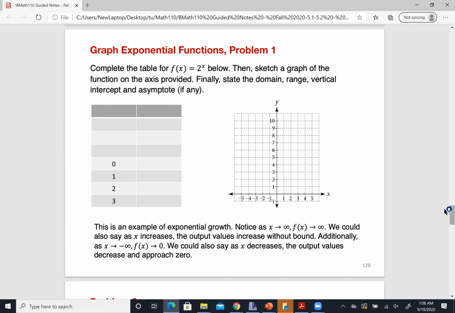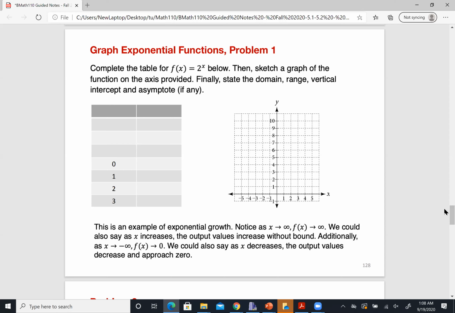All right, so let's go with problem number 1. They want us to complete the table for f(x) equals 2 to the power x, and then sketch the graph of the function on the axes provided.